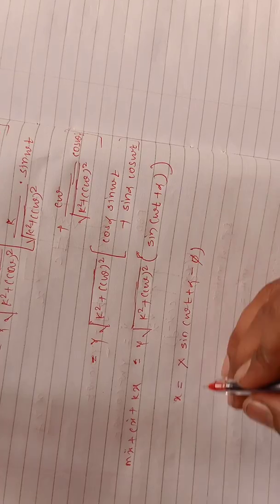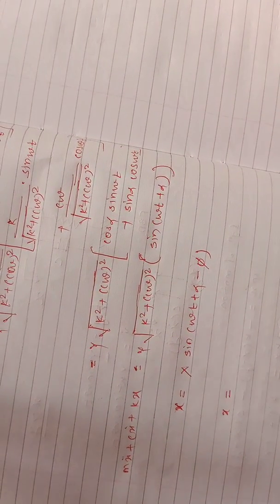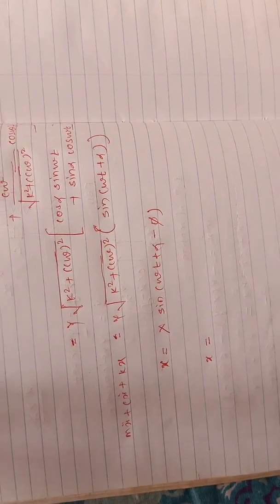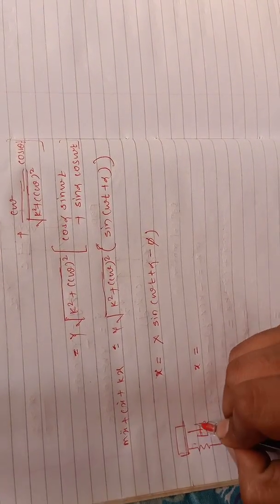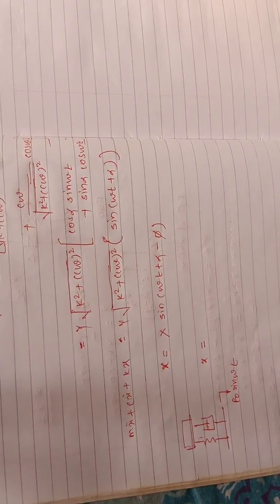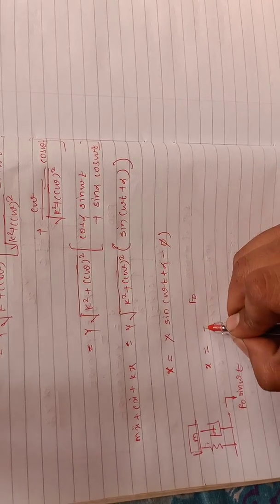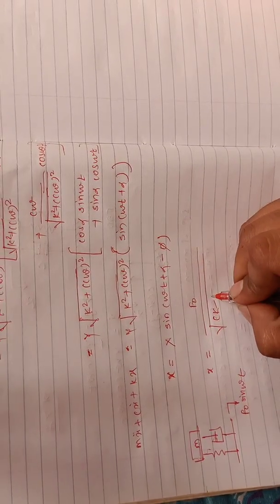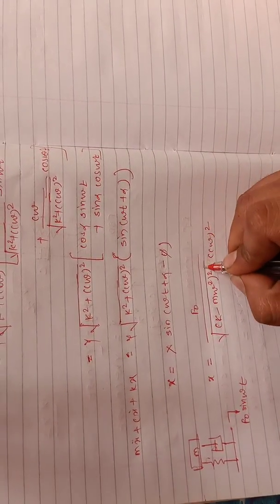The response x for forced vibration of F naught sin omega t, that is like this system which is having a forced vibration of F naught sin omega t on a system of mass m, is given by F naught divided by square root of (k minus m omega square) bracket square plus (c omega) bracket square.